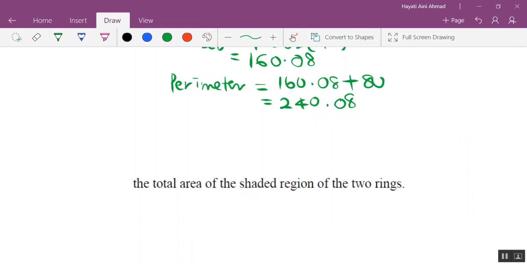Looking at the total area of the shaded region of the two rings, we have to have this knowledge of modern maths, circle, form 4, where when two circles share the same common tangent, the angle that they have will be the same too.